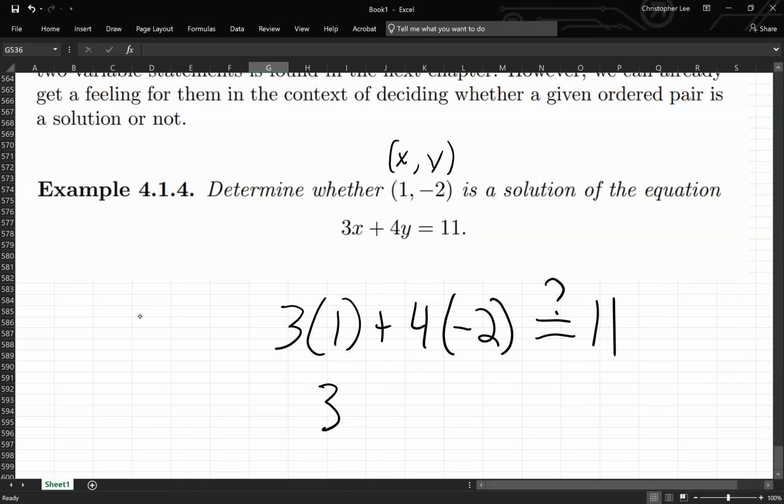What's 4 times -2? No, -8, right? Now here's what I want to know. Does that equal 11? So what's 3 minus 8? -5, right? So -5 does not equal 11. So this is not a solution.